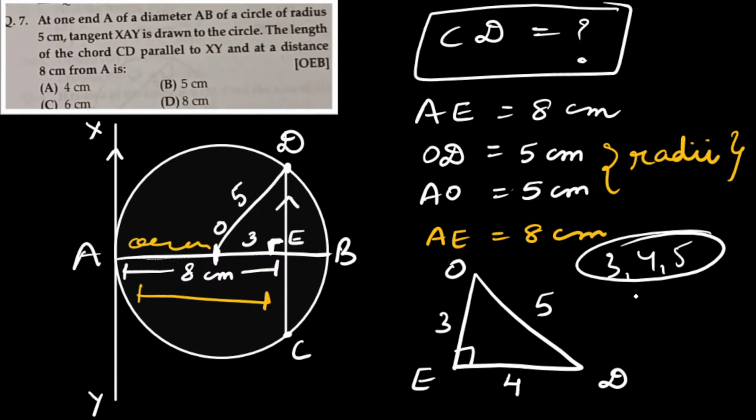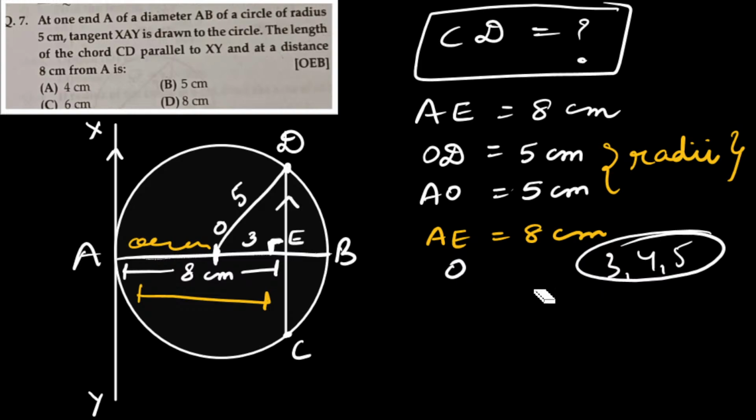Because OE is perpendicular, we are getting a right angle triangle, in which two sides we already know: OD is 5 centimeter and OE is 3 centimeter. We can find DE as 4 centimeter. Yes, the diameter is 10, that's correct. So we have found ED's length, 4 centimeter, by using the Pythagoras theorem.